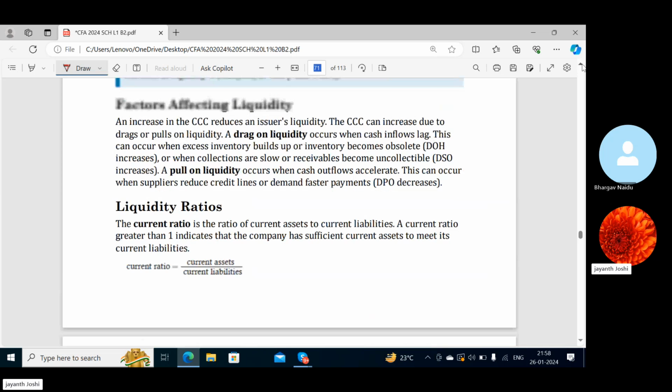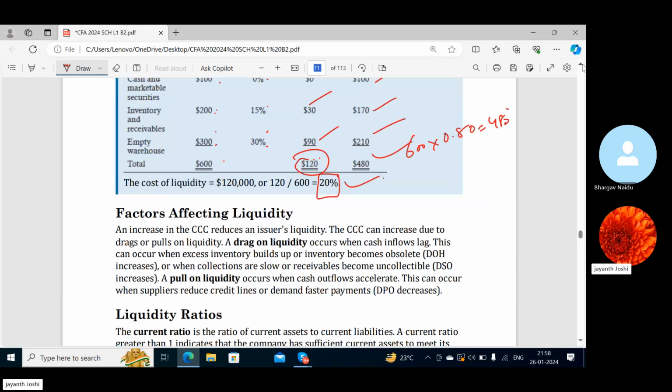Now, factors affecting liquidity: an increase in cash conversion cycle reduces an issuer's liquidity. We should not have a higher cash conversion cycle. It can increase due to drags or pulls on liquidity. Drag on liquidity occurs when cash inflows lag. That means you are not getting your inflows on time.